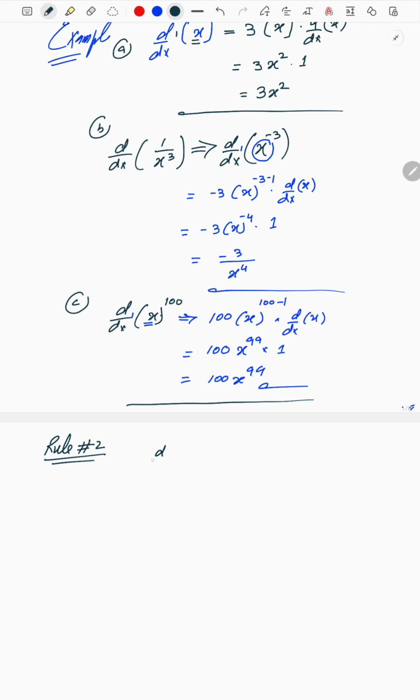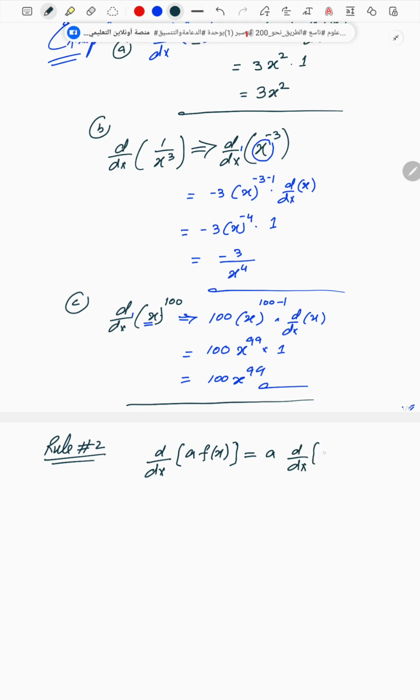We can say d by dx of a constant times a function f of x. Whenever a constant is going to multiply the function, you need to write the constant outside the differential and we will only differentiate the function.